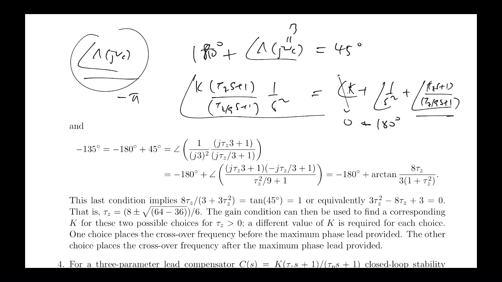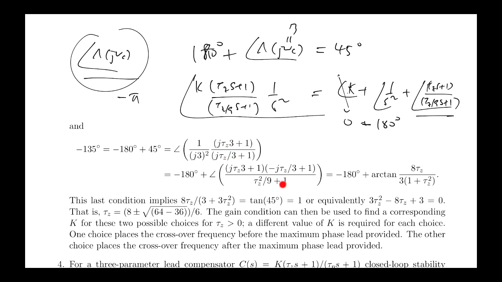All right? And then this is just an expression for what the phase of this is, right? By writing that when evaluated at s equals j omega c, with omega c equal to 3, expressing this ratio of two complex numbers as a product of two complex numbers by multiplying the top and the bottom here by the complex conjugate of the bottom.